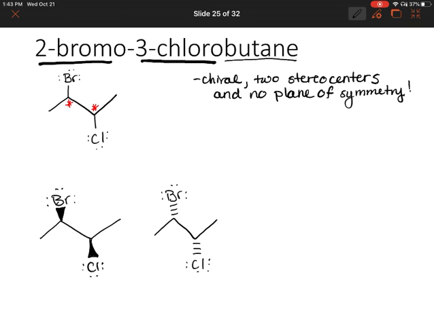Well, what if bromine was in a wedge, but chlorine was in a dash? That's another option. And last but not least, what if bromine was in a dash, but chlorine was in a wedge?